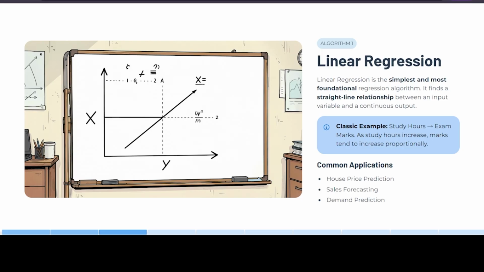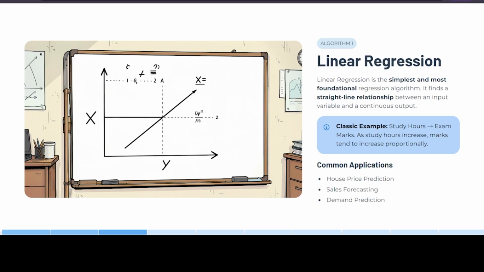Imagine in a class there are students, student A and student B. Student A studies for 2 hours only and scores 50% of marks. Student B studies for 4 hours, which is double, and scores 70% of marks in the exam.